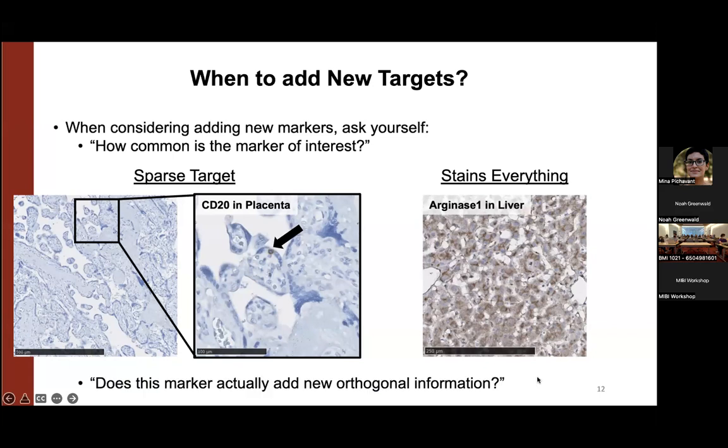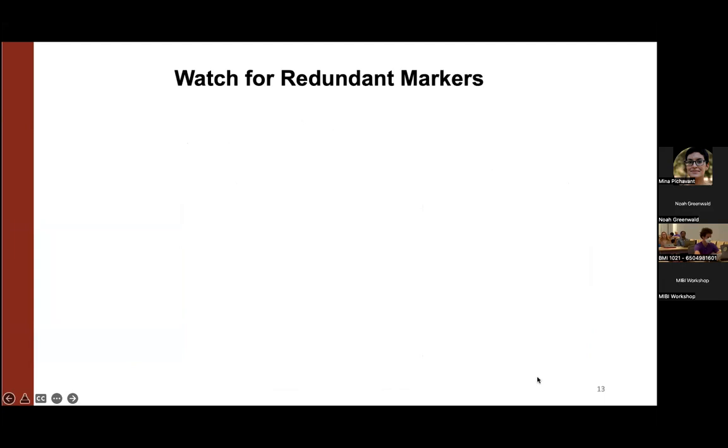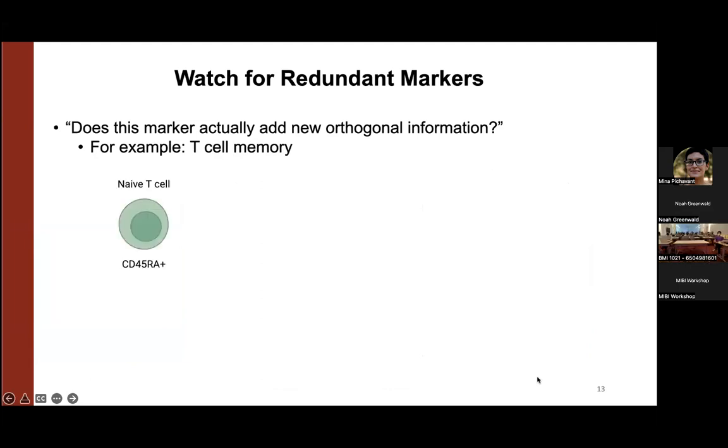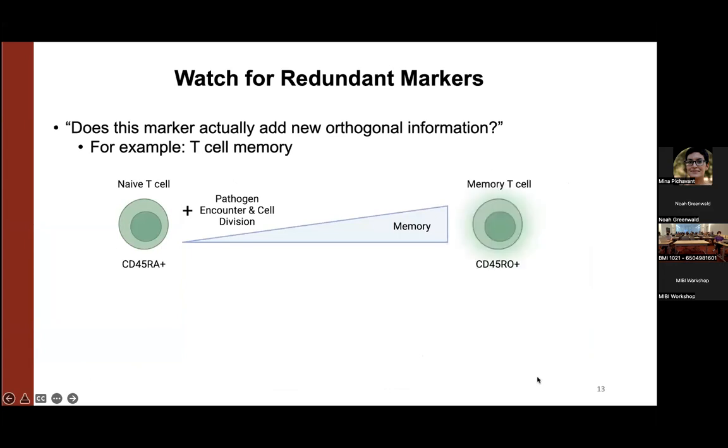And so this leads into asking yourself, does the marker you're interested in add any new orthogonal information? And this leads into the discussion of watching for redundant markers. When you ask yourself this question, you can consider the example of T cell memory. Just some biological background, naive T cells are usually CD45RA positive, but when they're exposed to a pathogen and then undergo cell division, they end up developing a memory phenotype, which then becomes CD45RO positive.